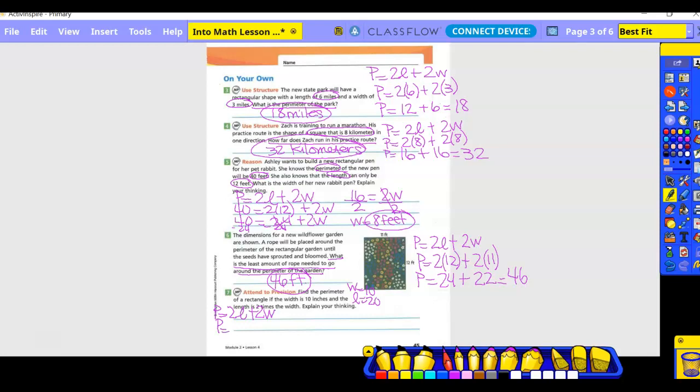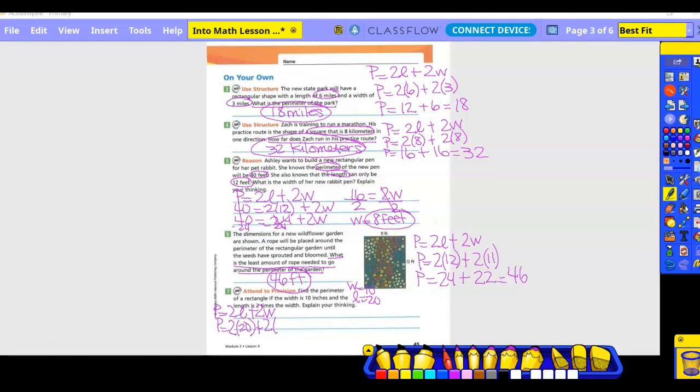So P equals, and then I'm going to do 2, and then what's my length? 20, plus 2 times what's my width? 10.